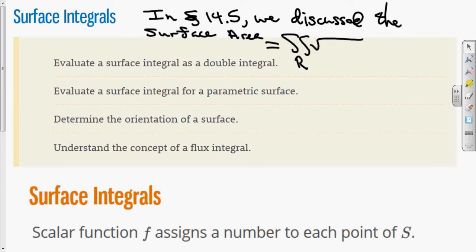It was the square root of 1 plus f sub x, the partial, squared, plus f sub y squared, and then dA.